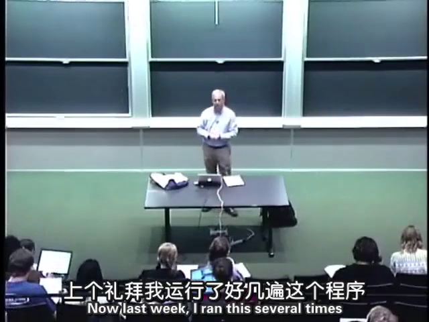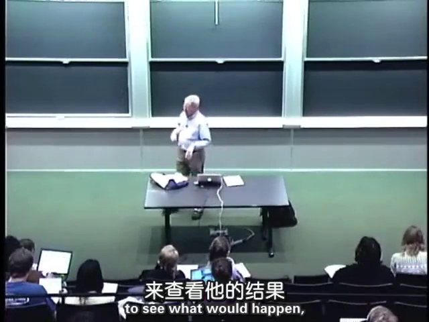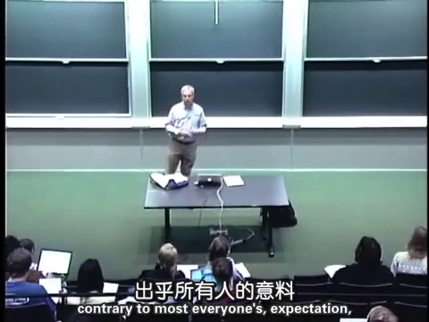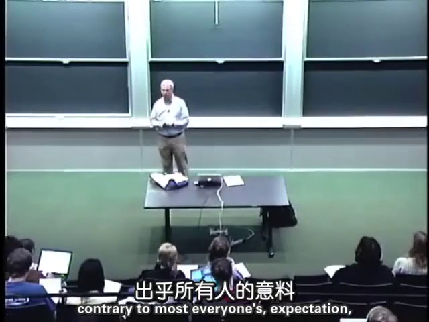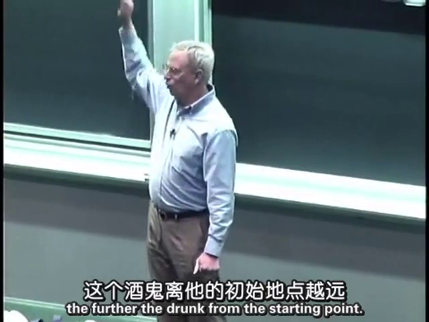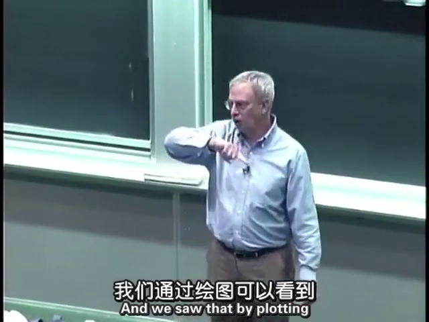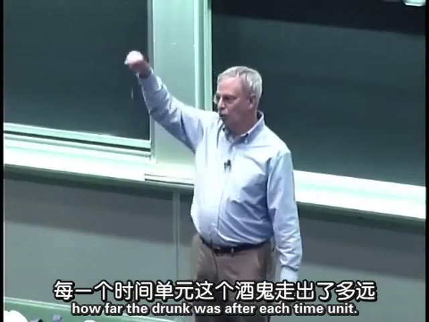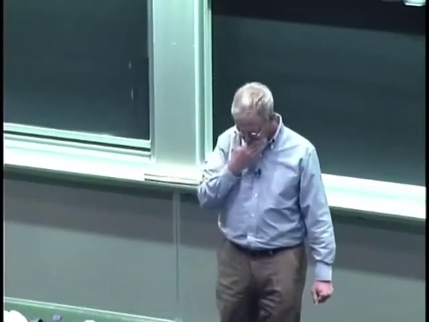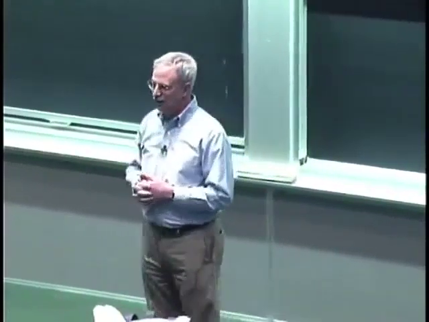Now, last week, I ran this several times to see what would happen, and we saw that, in fact, contrary to most everyone's expectation, the longer we ran the simulation, the further the drunk was from the starting point. And we saw that by plotting how far the drunk was after each time unit. We ran it several times. We got different answers.